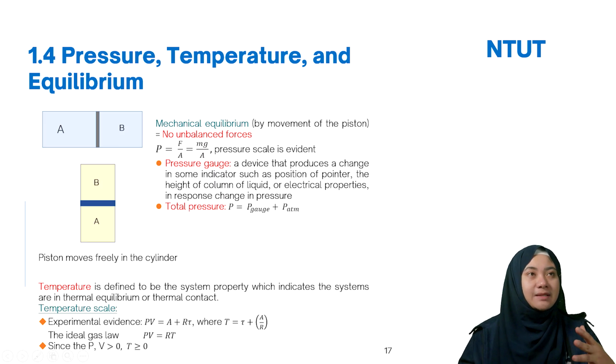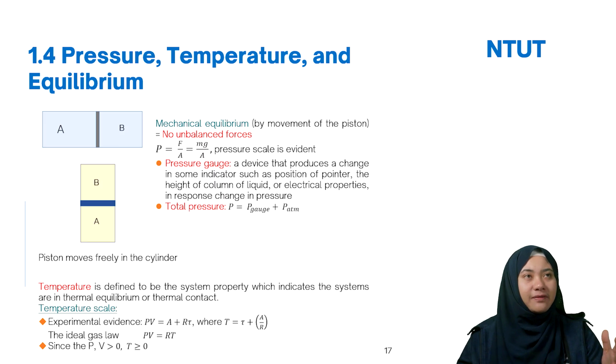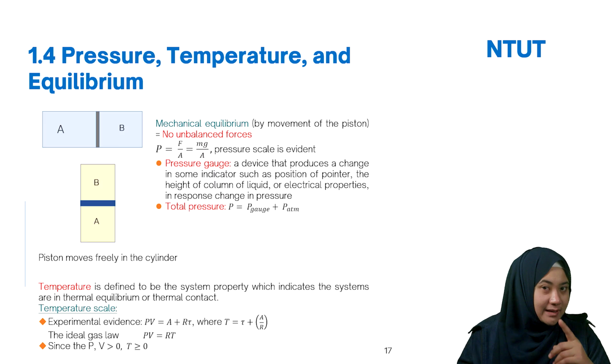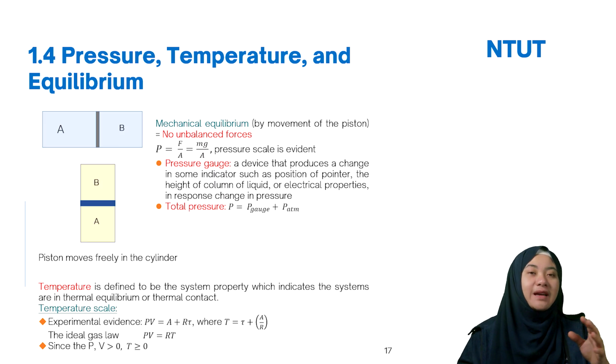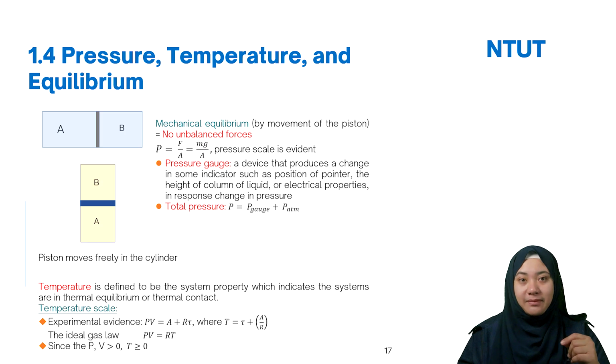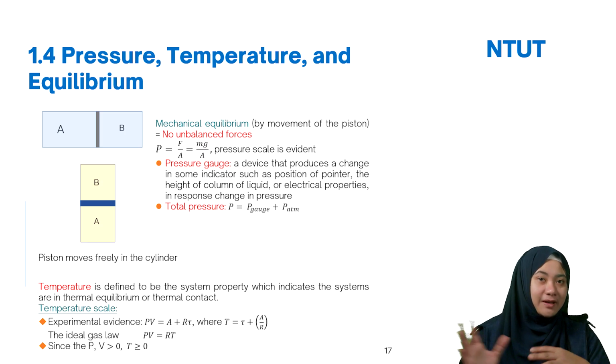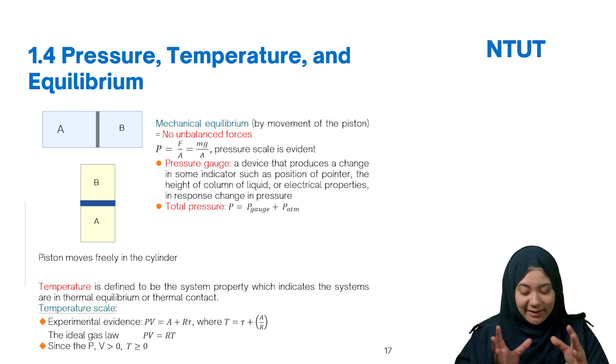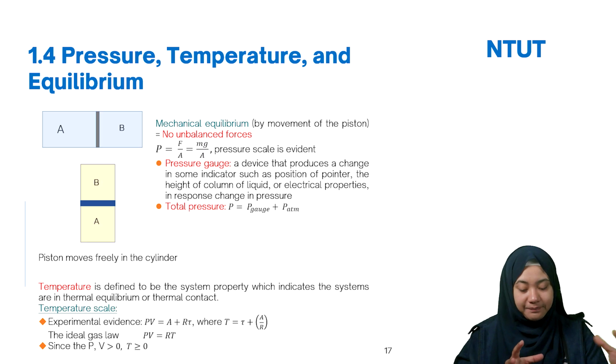If you ask me, teacher, is it possible in reality to have an ideal gas? Yes. One example: an ideal gas happens when you have very low pressure, as in a vacuum pump. We always use the vacuum pump to remove impurities inside the system.